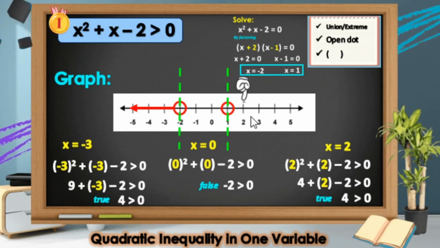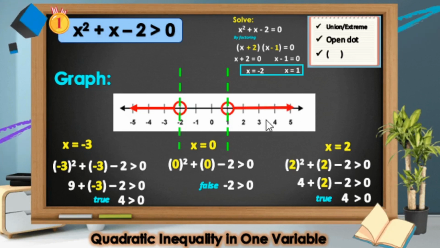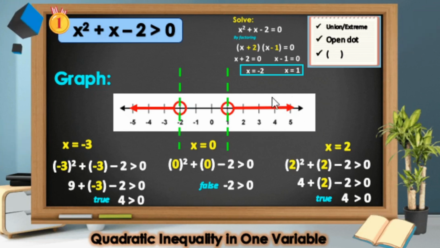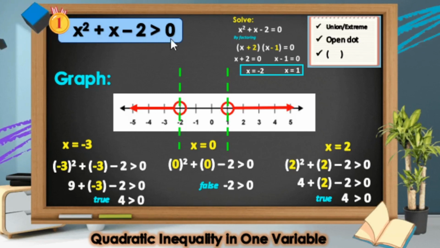Yes. So, therefore, isi-shade natin tong region na to. So, it means that this region, 2, 3, 4, 5, yung mga points na yan, and so on and so forth, are part of the solution. So, ibig sabihin solution lahat ng mga points na nandito at saka dito sa mga points na nandito, solution netong ating quadratic inequality x squared plus x minus 2 is greater than 0.